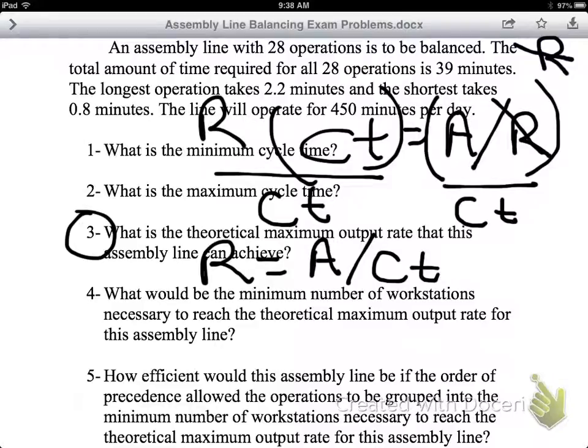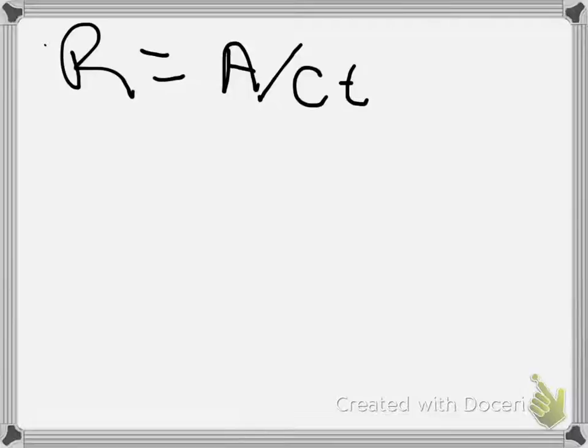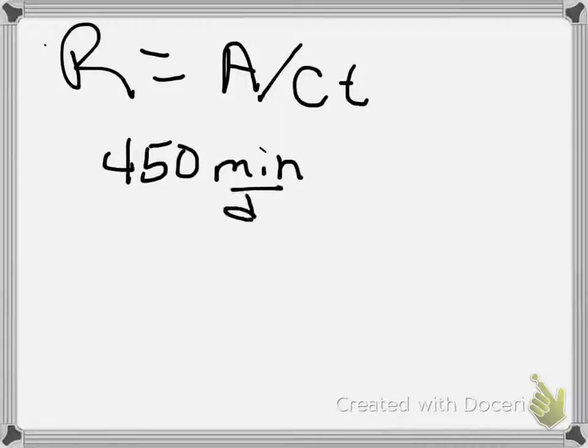So let's look at the theoretical maximum output rate using that equation. Output equals available time divided by cycle time, and our available time is 450 minutes per day.